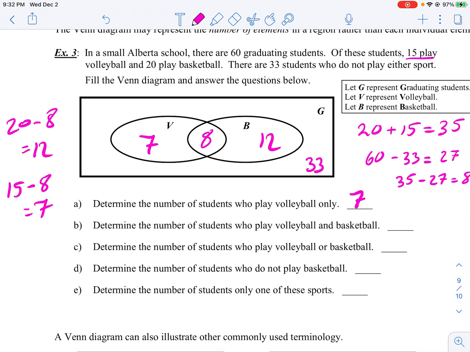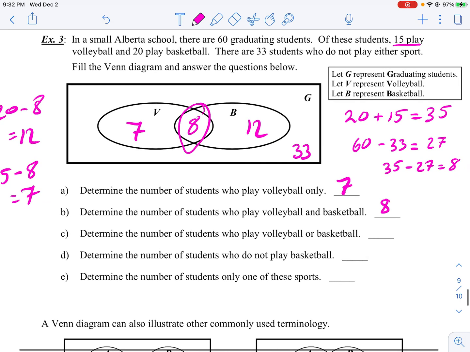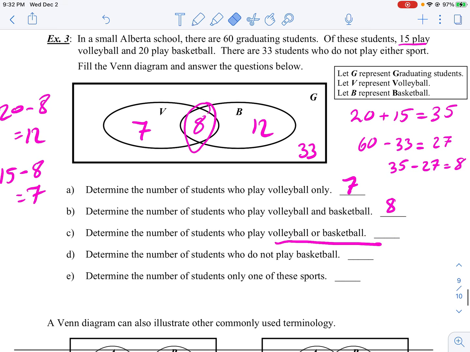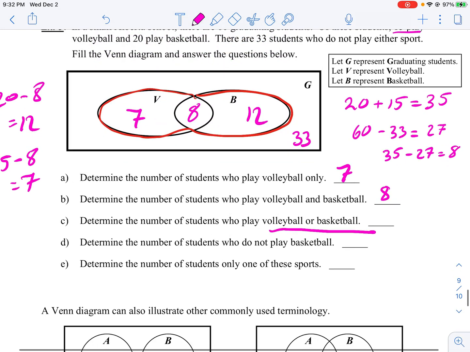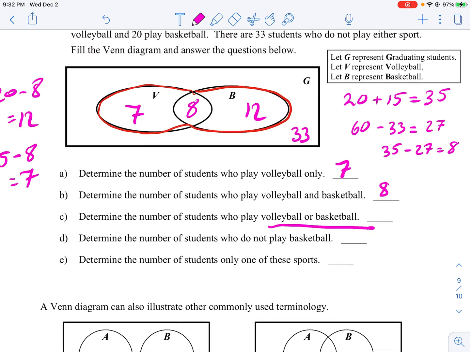So the number of students who only play volleyball, 7. Number of students who play volleyball and basketball would be the middle part, 8. Number of students who play volleyball or basketball, well, that will include this whole region. And we get 7 plus 8 plus 12, which is 27.